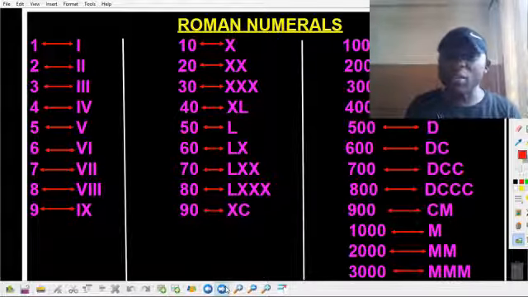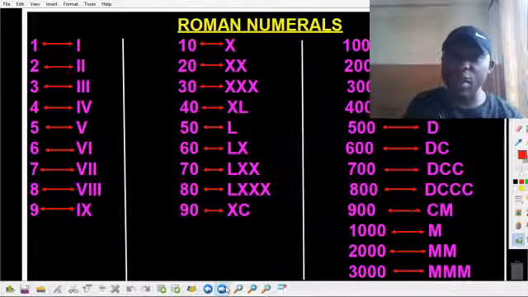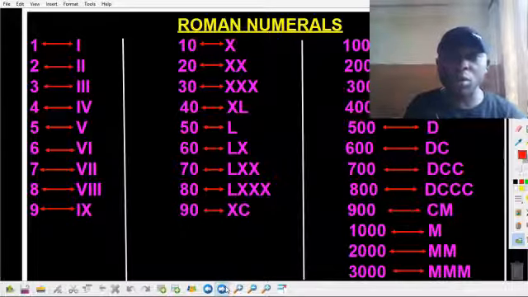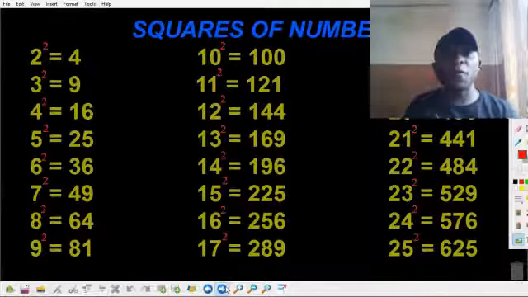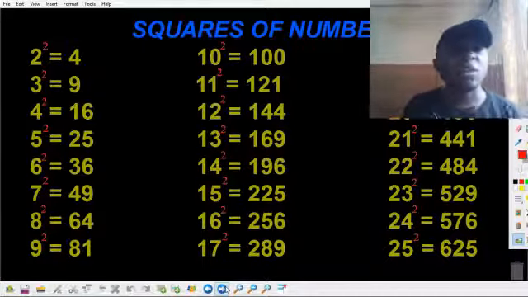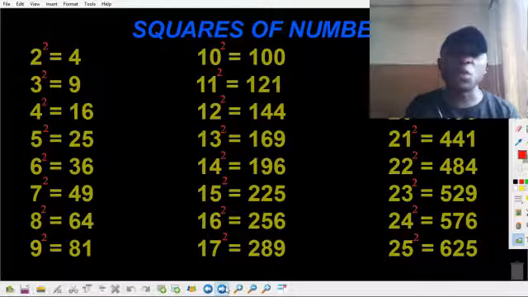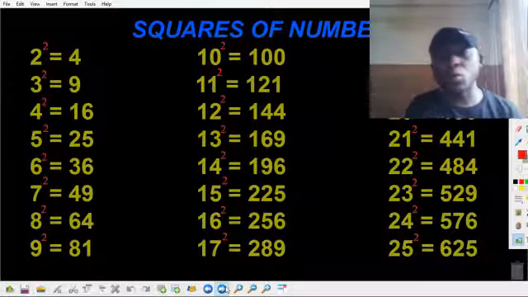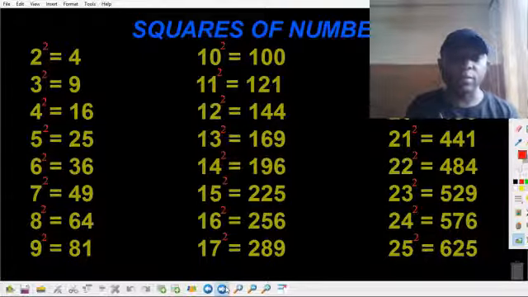It will enable them to solve questions that have to do with Roman numerals without doubt. Now, square of numbers. They should be able to know the square of numbers starting from 2 at least down to 25. It's going to help them in overcoming most of those challenges.